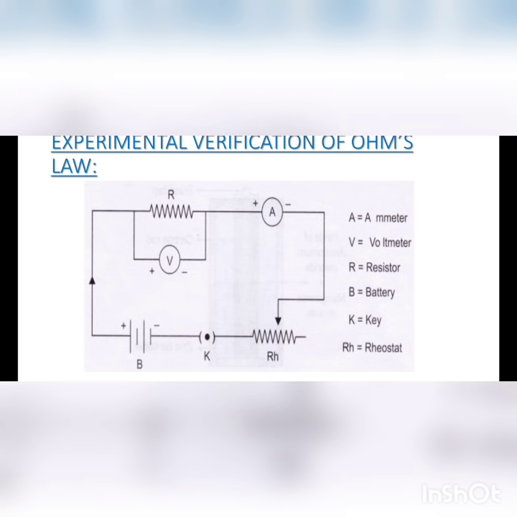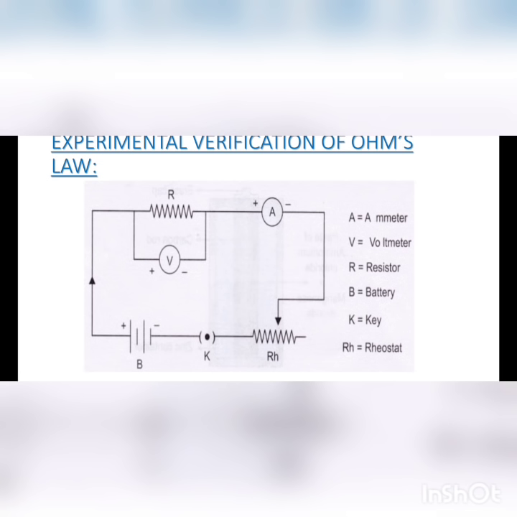Now when I told you that a voltmeter is always connected in parallel, I meant that the two terminals of the voltmeter will be connected to the two terminals across which we have to find the voltage. The potential difference we have to find across something, we connect these two terminals across it. So this is nothing but your parallel combination. Now this whole combination of R and V is connected to the positive terminal of your ammeter.